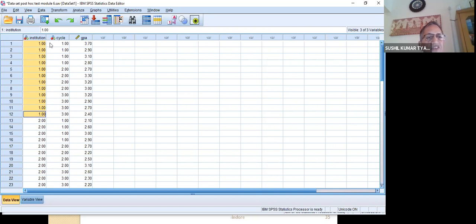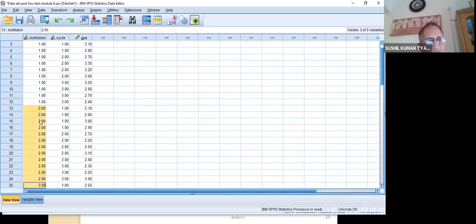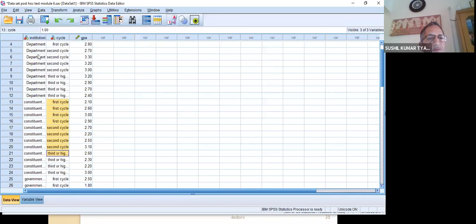In this, 4 institutions are in the first cycle, 4 in the second cycle, and 4 in the third cycle. Similarly, the next 12, second type of institution, 12. Then 4 each, 1, 2, 3. So if we want to view the labels, see value label.